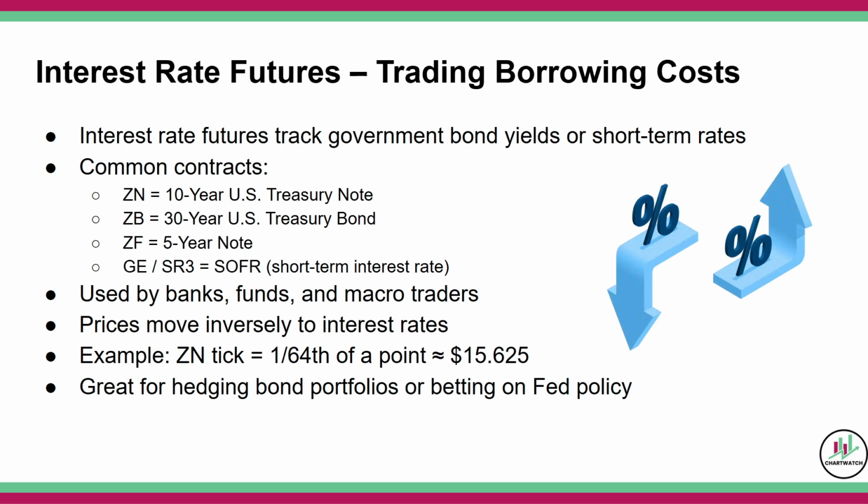These contracts are heavily used by hedge funds and macro traders speculating on rate direction, banks managing interest rate risks on loans and deposits, and portfolio managers adjusting bond duration and risk exposure. Interest rate futures are less common among beginner traders, but they're essential to understand the broader forces that move the market, especially during Fed announcements, recession fears, and even inflation reports.